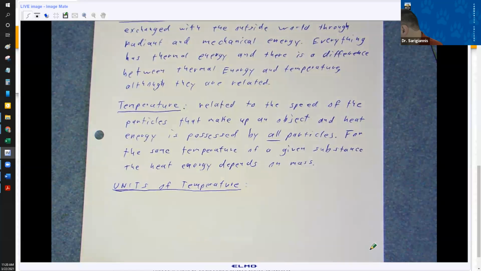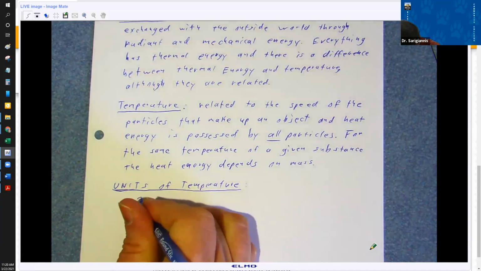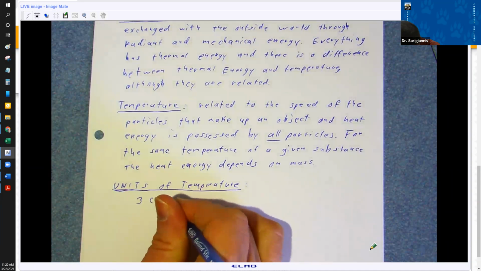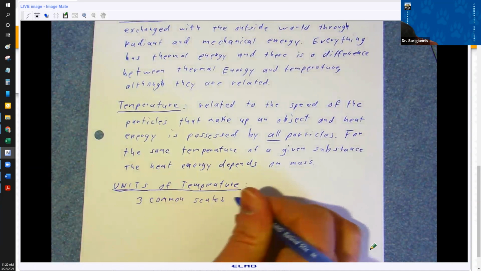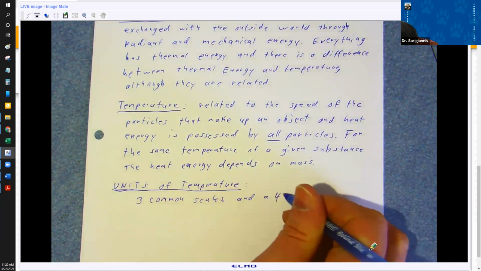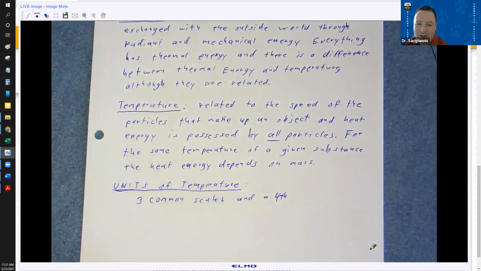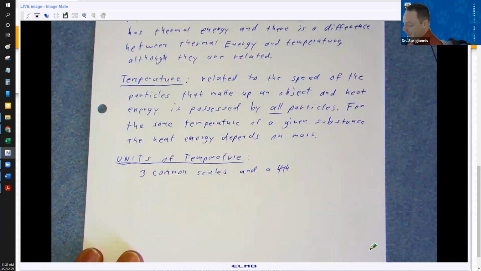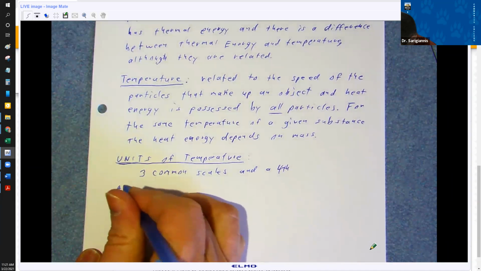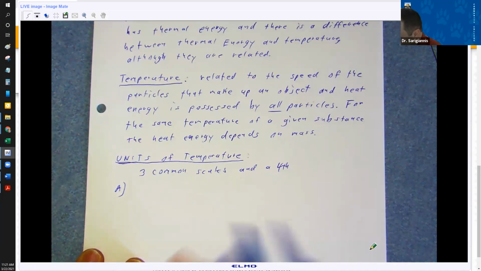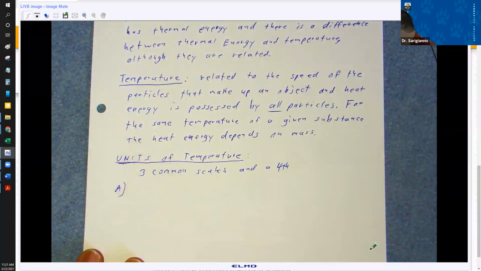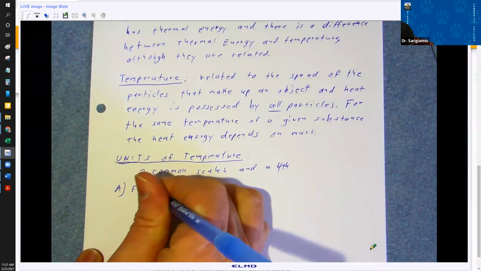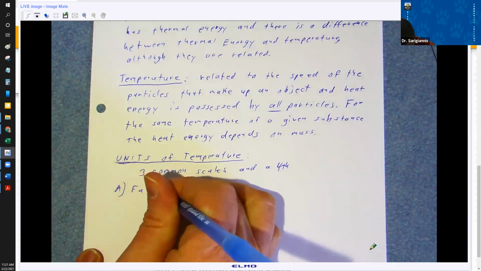So we'll talk about three common scales and a fourth that maybe you've heard of, but probably doesn't really get used very often, particularly in the day-to-day stuff that most people deal with. So the first one is going to be Fahrenheit. I know some of you are out there cheering for Celsius or centigrade, but we'll get to Celsius in a bit. So let's talk about Fahrenheit first. Fahrenheit.